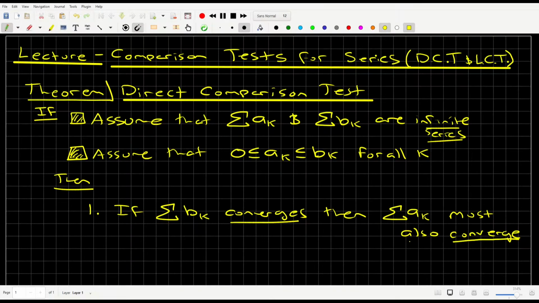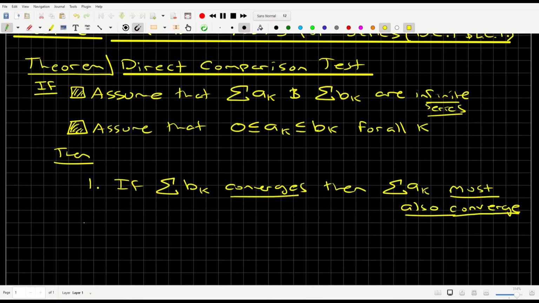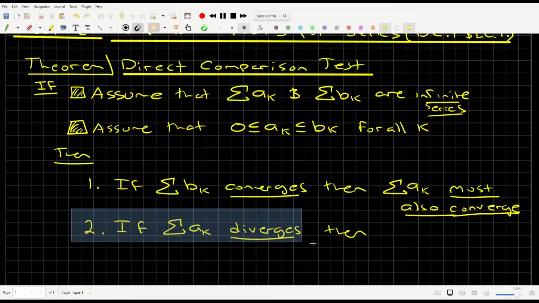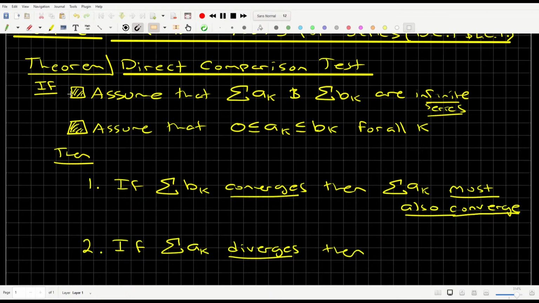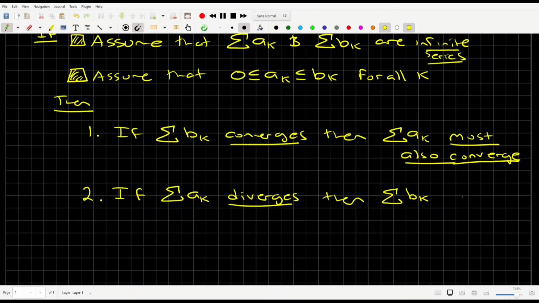And on the other hand, if the sum of the lower bounds, the sum of the a_k's, diverges, then the sum of the b_k's, which are the upper bounds, must also diverge.